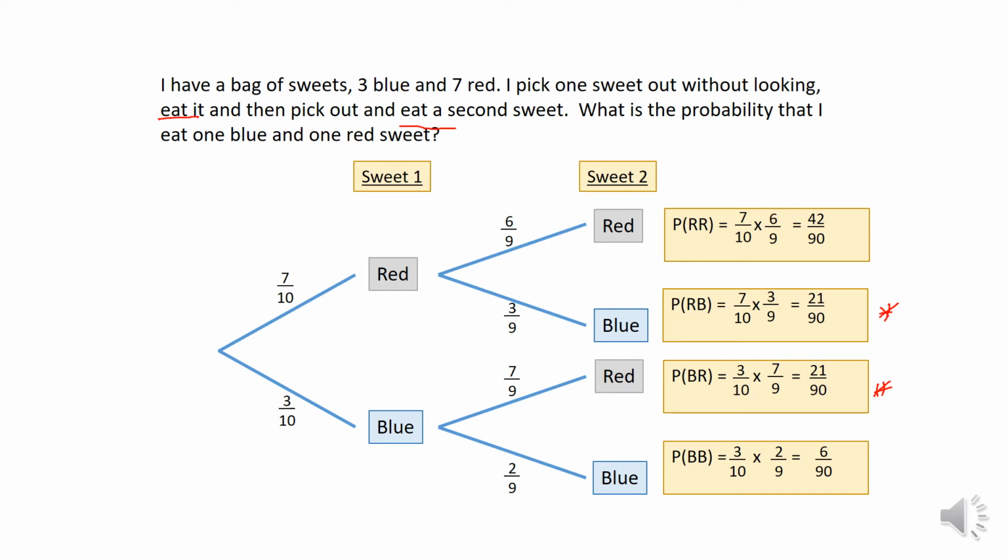And because it's an or, we're going to add those probabilities. So we've got 21/90 plus 21/90, so overall we'd have 42/90 as our probability of having one of each. And we can simplify it down to 7/15. So that's one without replacement.